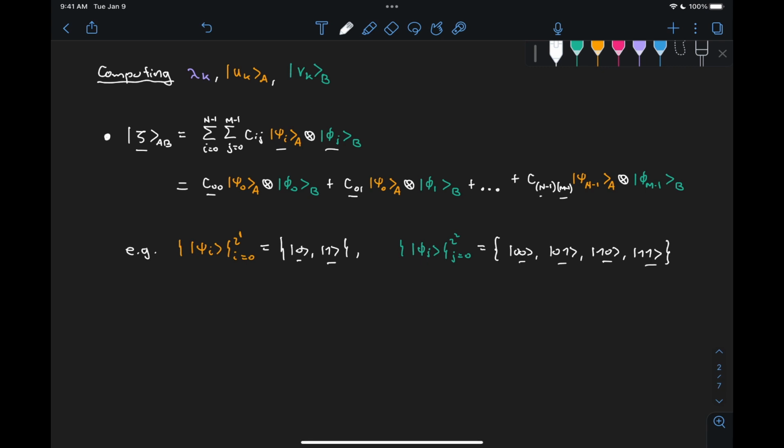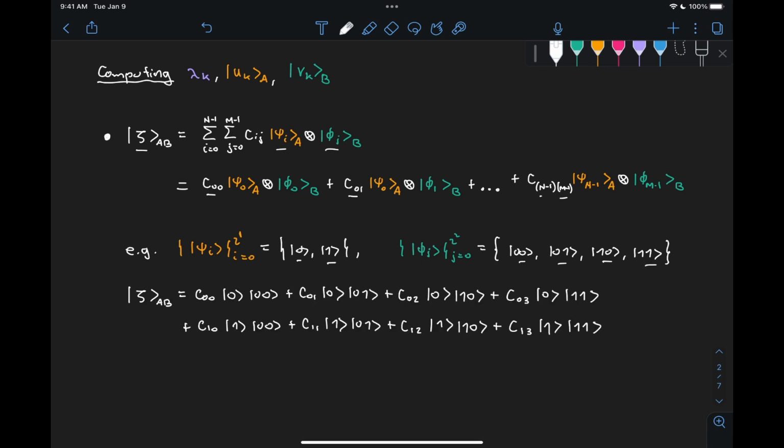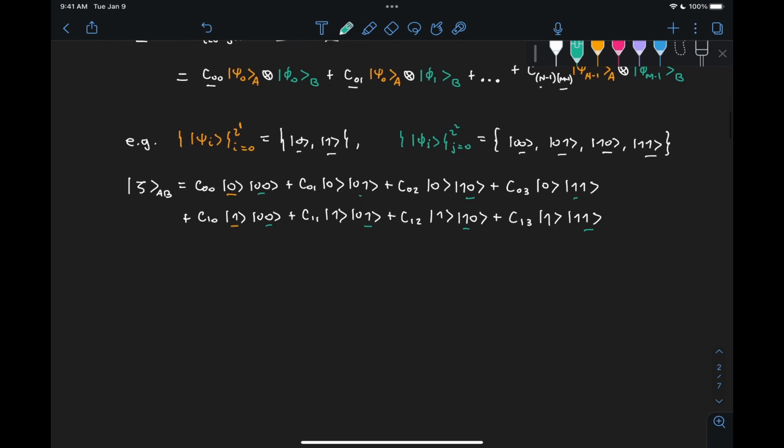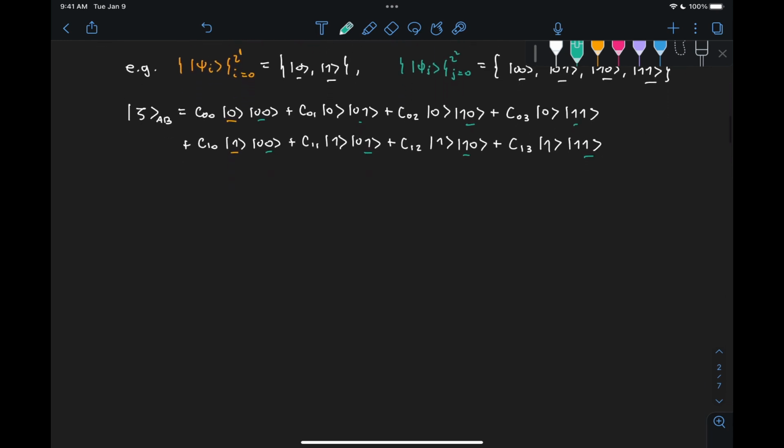So the linear combination in this canonical form is given by this expression here, where we have the basis state 0 for subsystem A, tensor with all the basis states of B, and then the basis state 1, again tensor with all the basis states of subsystem B. So the next step, once we have represented our state in its canonical form, is to put these coefficients in a matrix that can be seen as a correlation matrix.